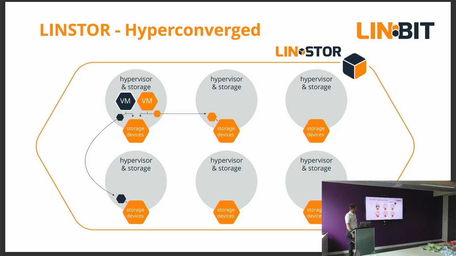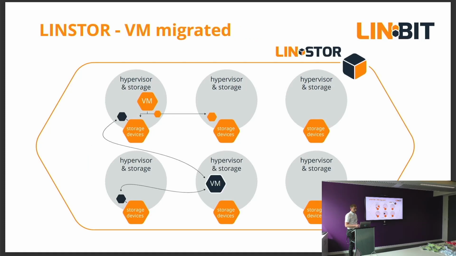In CloudStack you would just migrate this virtual machine. What happens then in LINSTOR is that you would get from the plugin, it can move, but it must not move the virtual machine there. I mean, this is done by the hypervisor, of course. And then the virtual machine will run there.